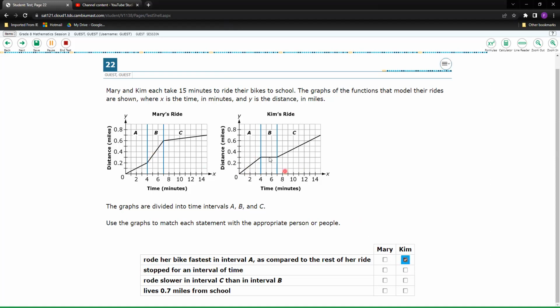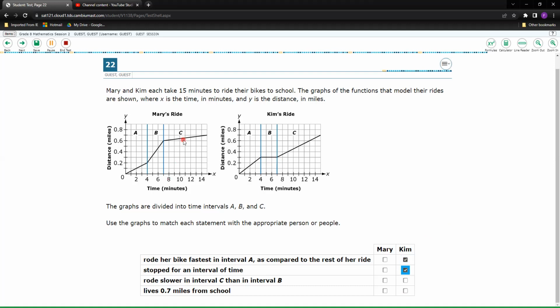Stop for an interval of time, Kim also, because we have a flat line, a slope of 0, a horizontal line. Time was passing, but the distance was the same. What does that mean? No distance, she wasn't moving, only time was moving. So Kim. Who rode slower in C than in B?